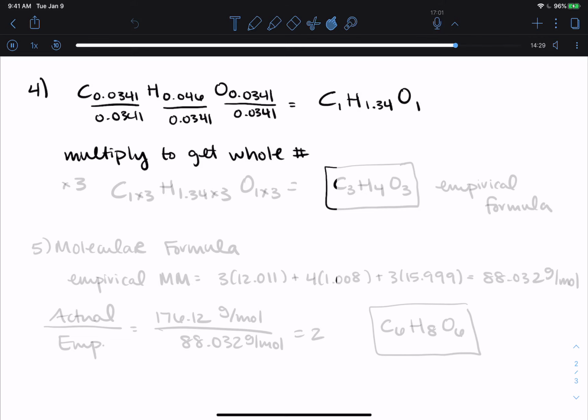So that's good. So in this case, we're going to multiply by 3. So 1 times 3, 1.34 times 3, 1 times 3. So C3H4O3 is my empirical formula.